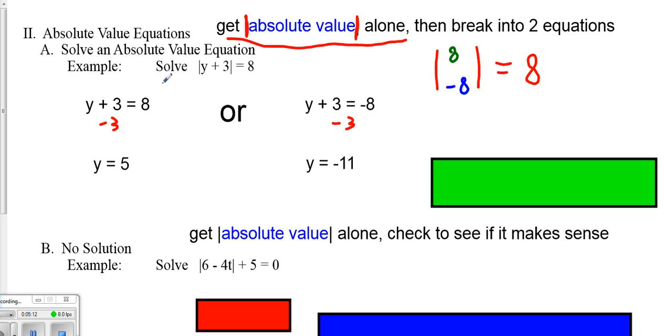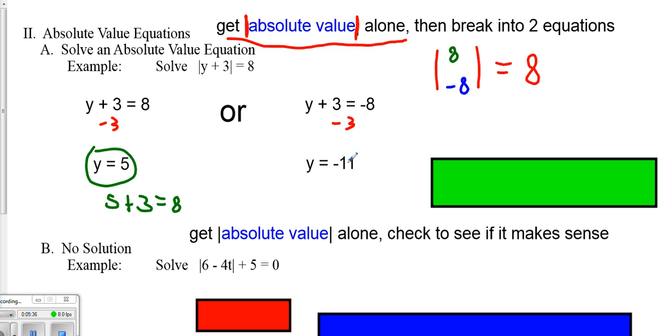If we plugged in this 5 right here, we would have 5 plus 3, which equals 8. And the absolute value of 8 is 8, so this one works out.